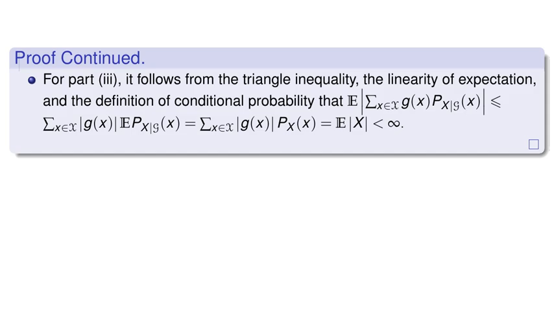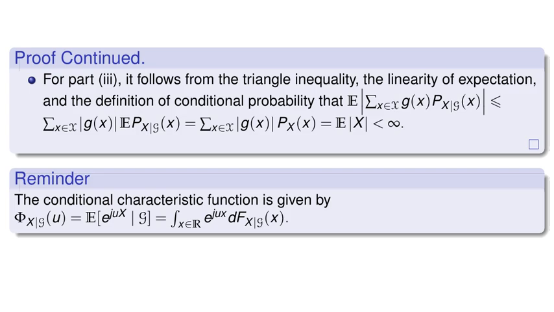Since the expectation of P sub X given script G of x is just P sub X of x, this becomes the sum over x of absolute g of x times P sub X of x, which is exactly the expectation of the absolute value of g of X. We assume this is finite.